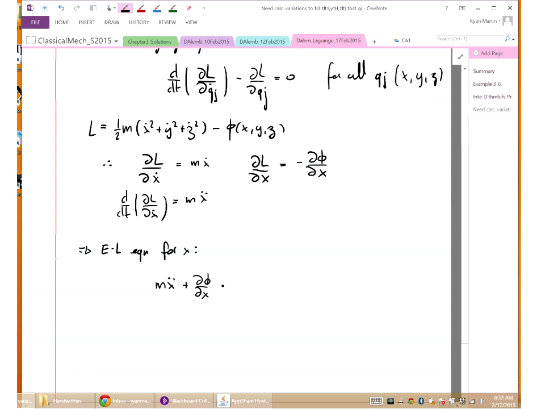Because that term is minus ∂phi by ∂x, so I have to minus it there. So that's equal to 0. And then of course if I move it to the other side, m x double dot equals minus ∂phi by ∂x, just as we had before. Of course you'll get the same for y and z.